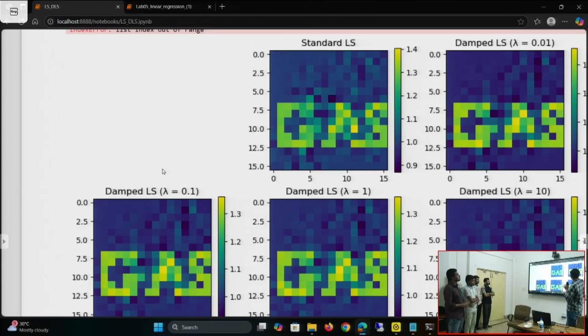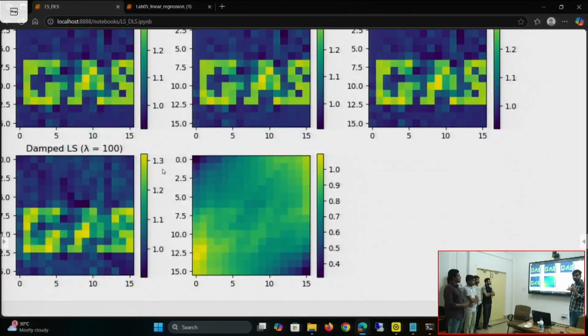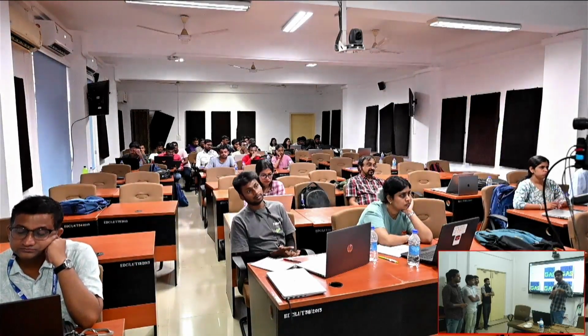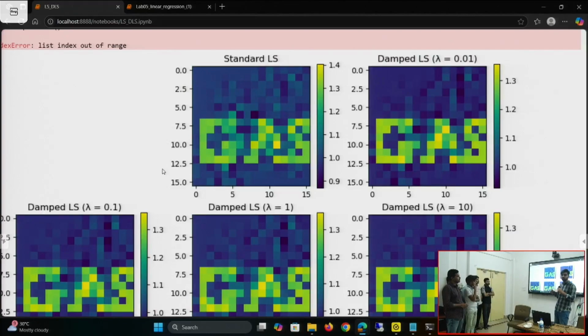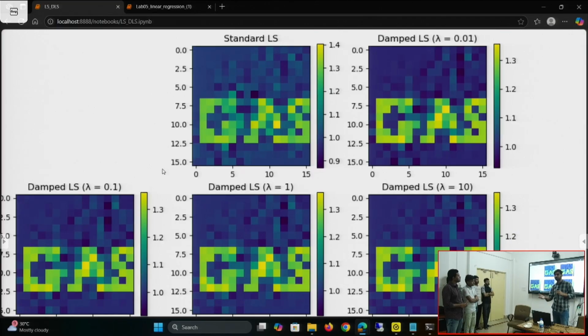For different alpha values, if we go for very high alpha values, it goes away like this. And even for very low alpha values, it also goes away. So we need to choose an optimal value, which for us will be around 0.01 or something near to that. So this is what we have done.